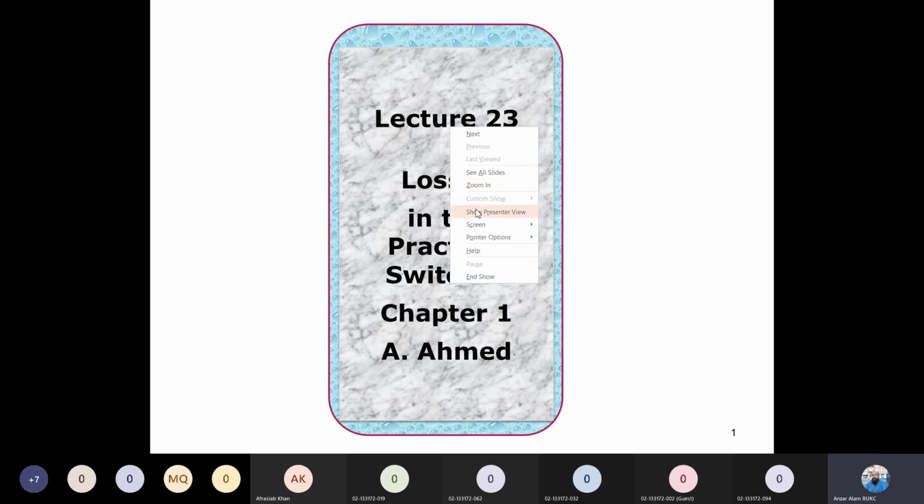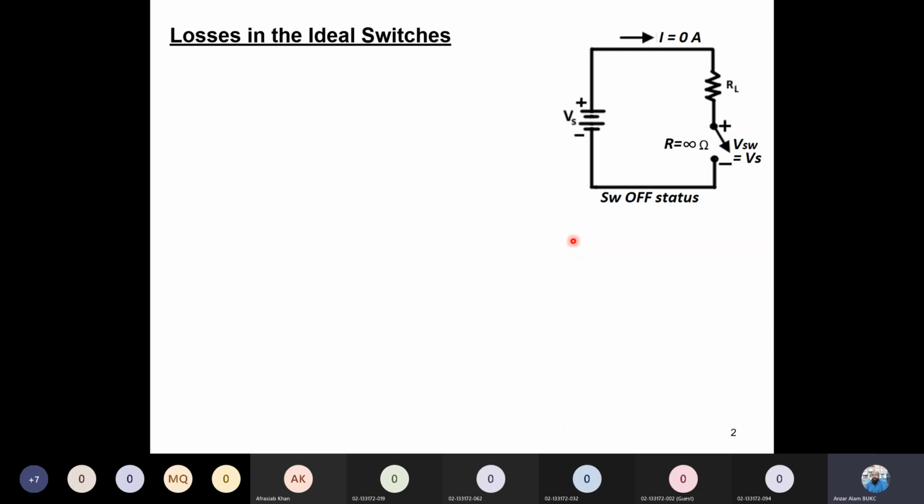You must have heard about the losses in the total circuit. For example, if this circuit is given to you, you know what the losses are in the resistor, in the other components, and what the total losses of the circuit are. We are familiar with such calculations.